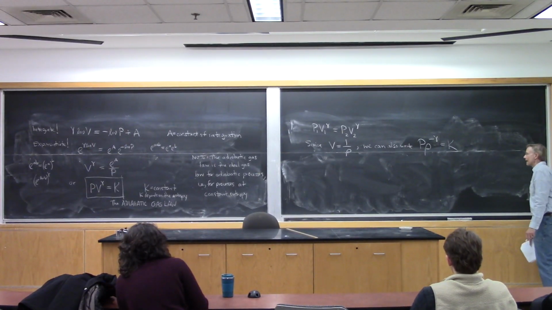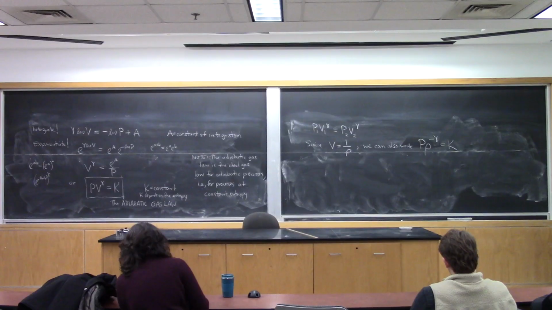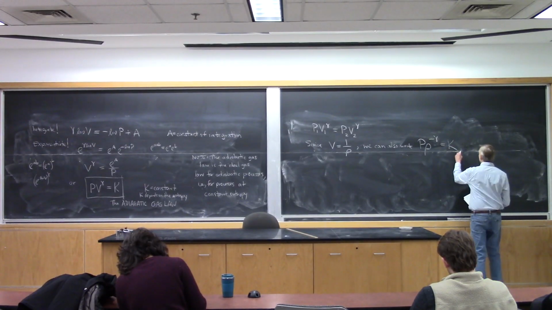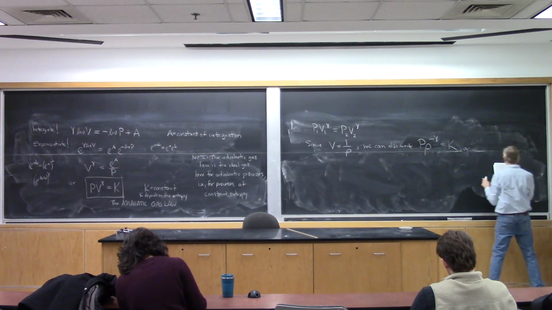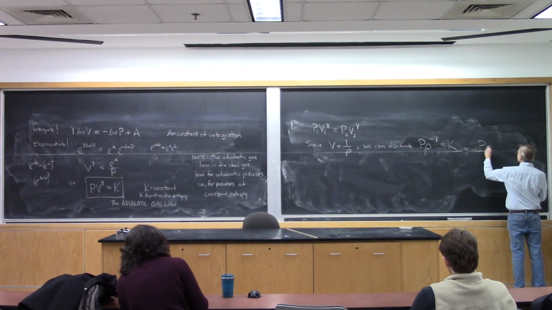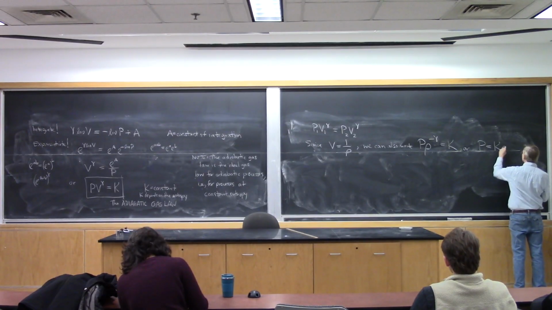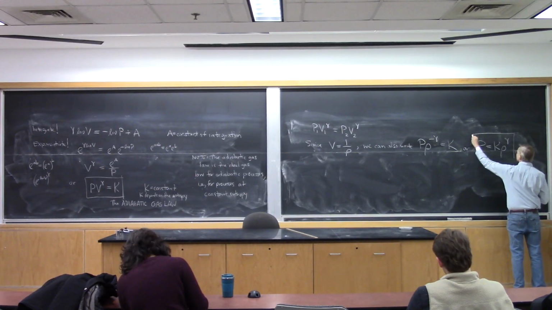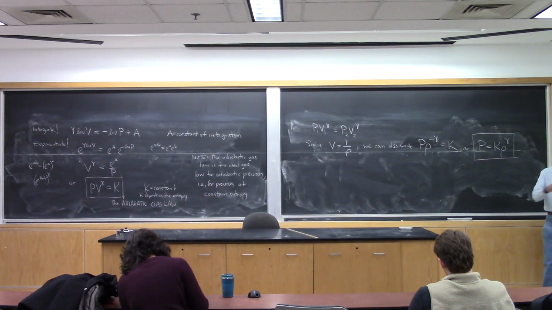Because V to the gamma is 1 over rho to the gamma, which is rho to the minus gamma. Or in other words, another way to write the adiabatic gas law is P is equal to K rho to the gamma. So the pressure and the density are directly related to one another in a gas that is undergoing an adiabatic process.